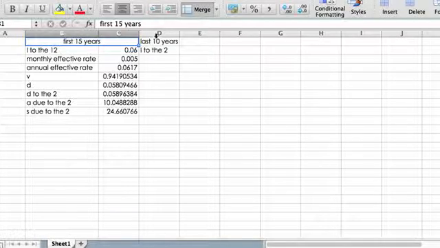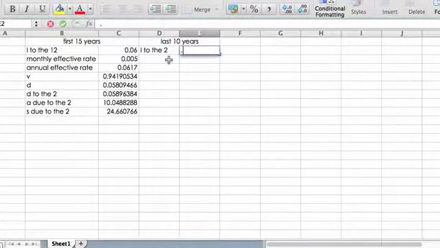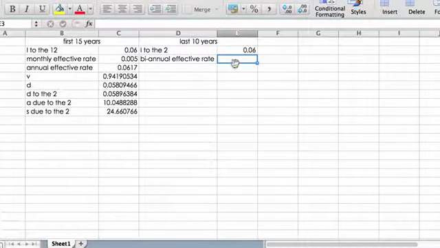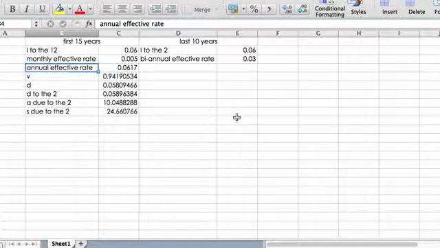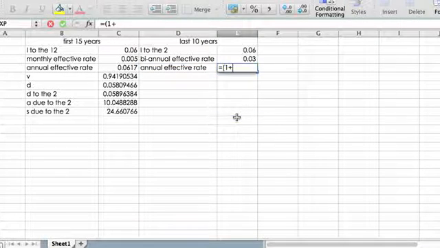So i^(2) is 0.06, so our biannual effective rate is equal to that divided by 2, and our annual effective rate is equal to 1 plus our biannual one, compounded twice, minus 1.